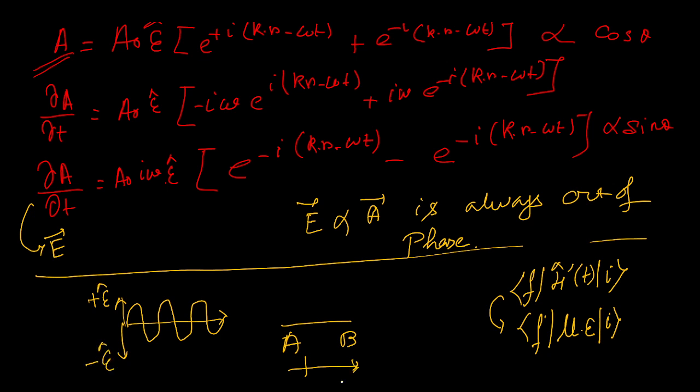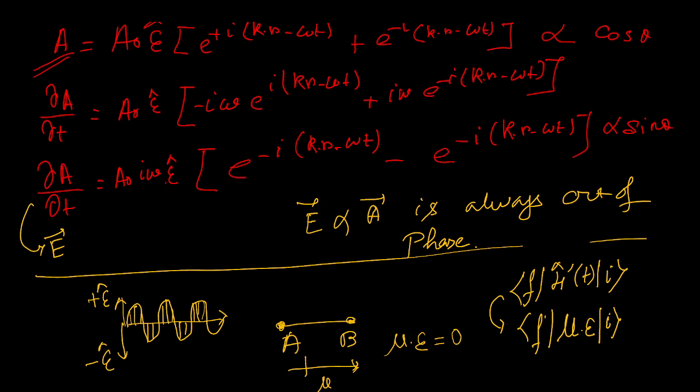Then in that condition, this is the direction of mu, and this is the direction of the electric field. So if the molecule is aligned like this, then mu dot E will be 0. So the molecule will not absorb any light.